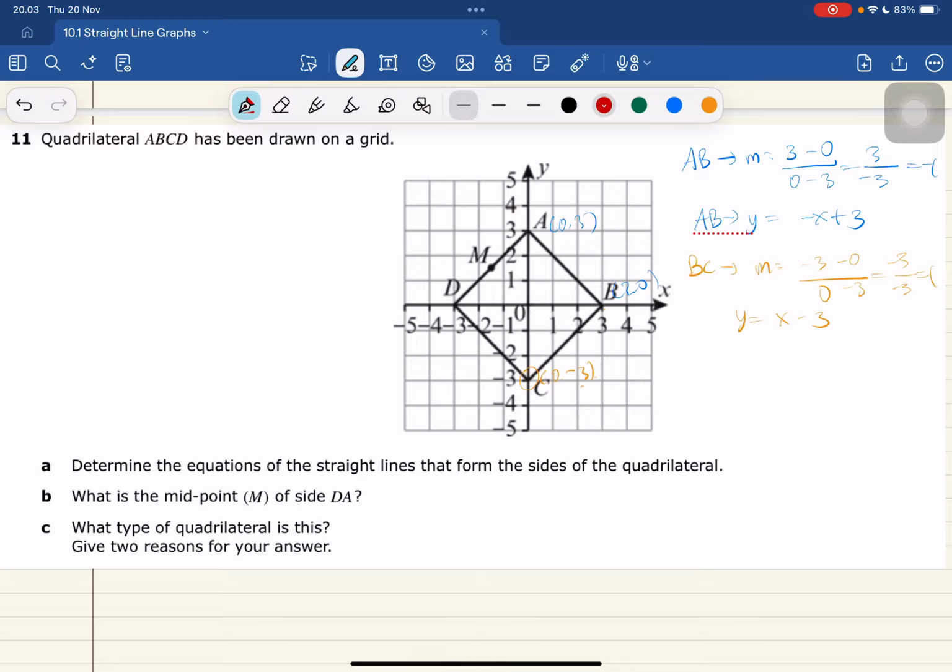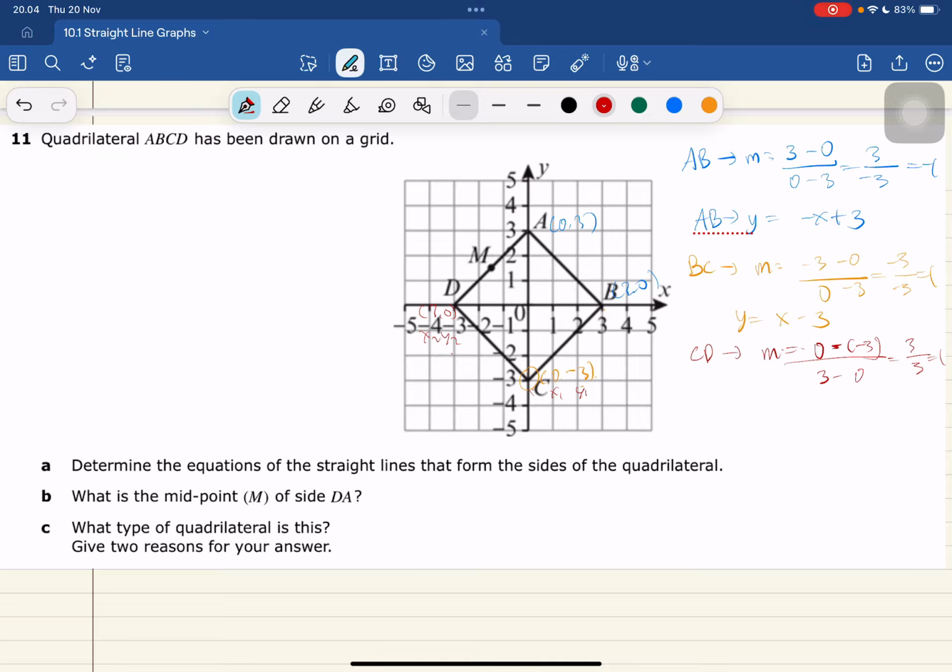Now we are going to CD. Let's find the gradient. This point is (0, 3)... x1, y1, x2, y2. Wait a moment.